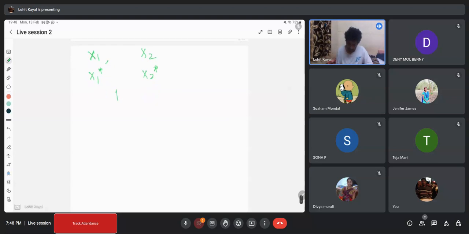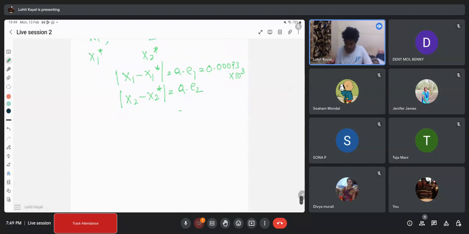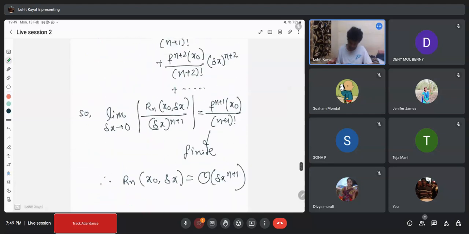It is given that the modulus of x1 minus x1 star, that is AE1, equals 0.0073 into 10 cube. Similarly, x2 minus x2 star, that is the absolute error AE2, is equal to 0.0017 into 10 cube. Now when we add these two numbers, did I mention addition or subtraction? Addition, sir. Addition, okay.